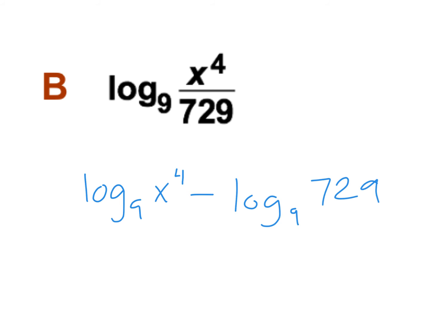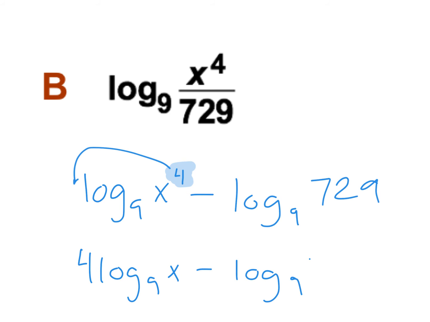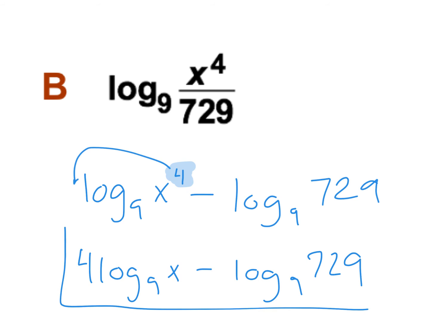Not multiply. We have this 4 up top. What should we do with that 4? Bring it to the front. So we have 4 log base 9 of x minus log base 9 of 729. And that's it. That's our answer.